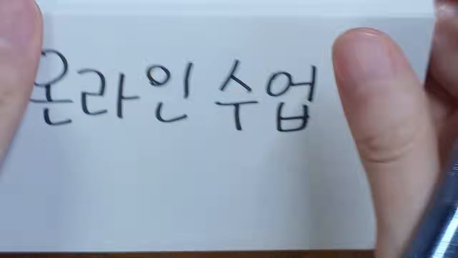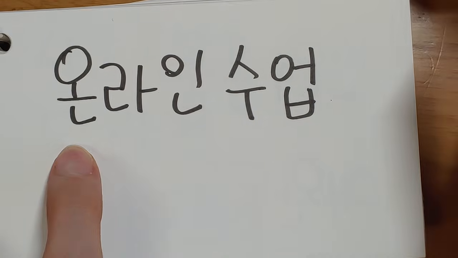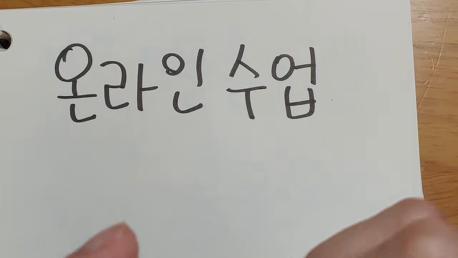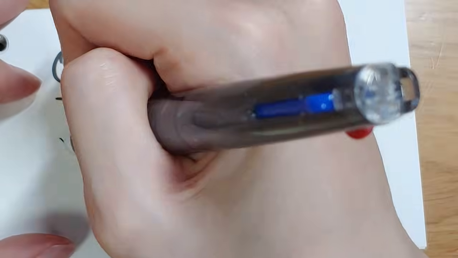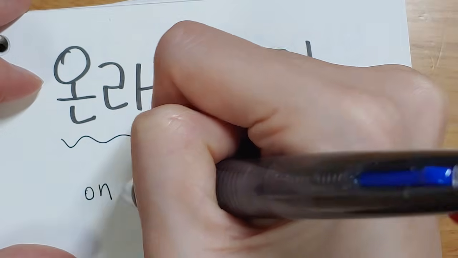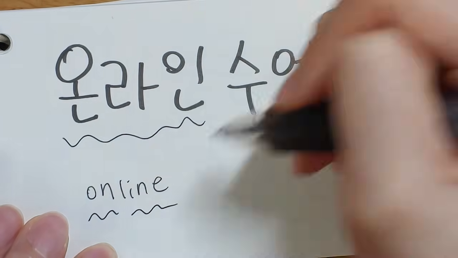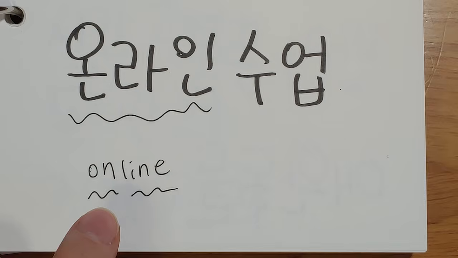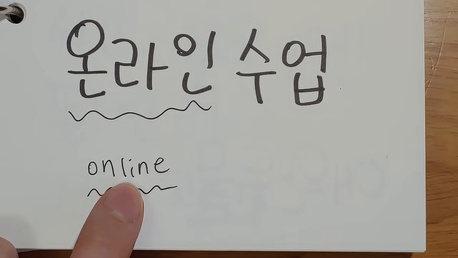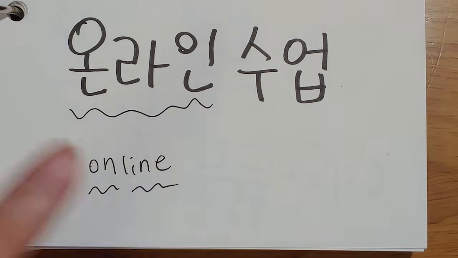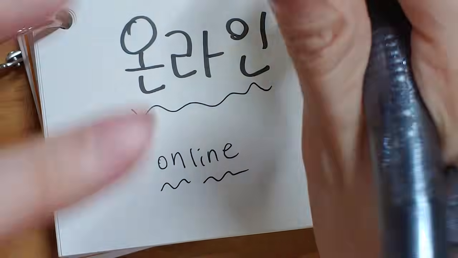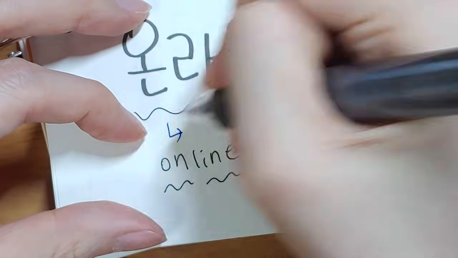And if you look at this word, 온라인 수업. This is a Konglish word that comes from the English word online. Strangely, in English, it's easy to pronounce n and l together, online. But us Koreans don't find it that easy.